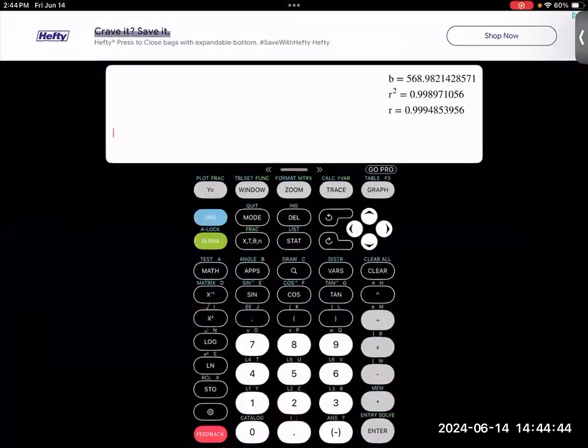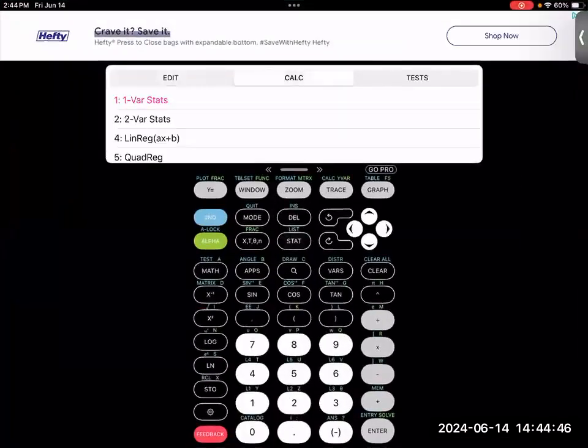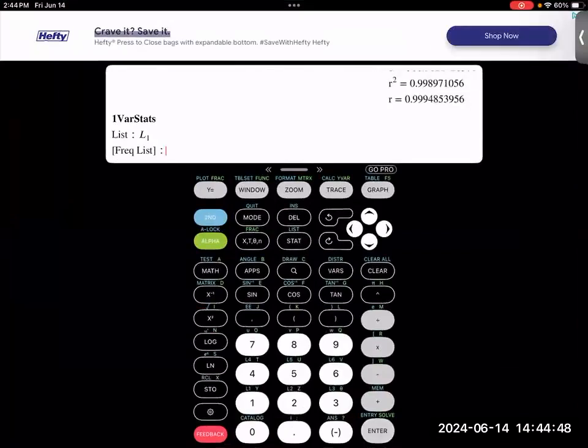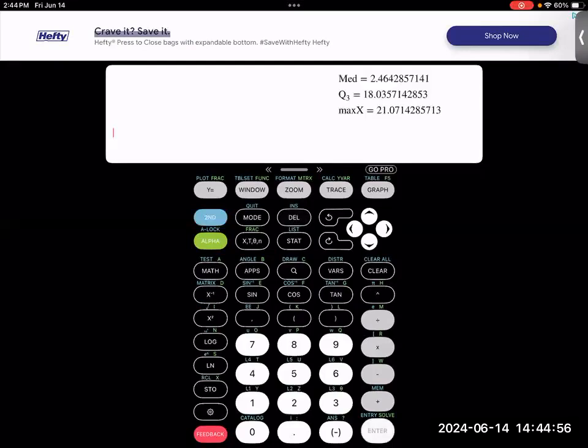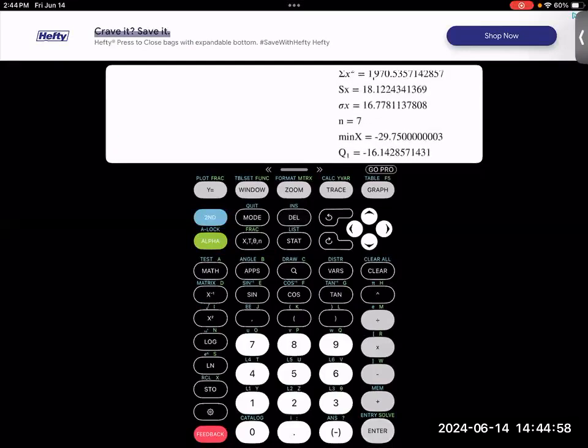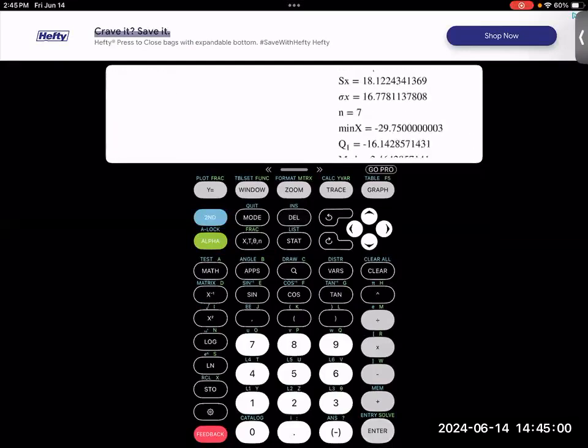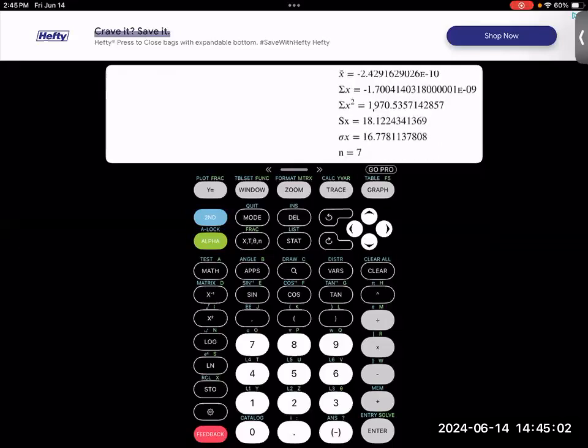Okay, so going over to stat calc, one variable statistic, we're going to make sure that this is now changed to list 4. Second 4. And you'll notice that it comes up with this whole mess of material. And we said, hey, of all of this stuff, we really just need one particular value.